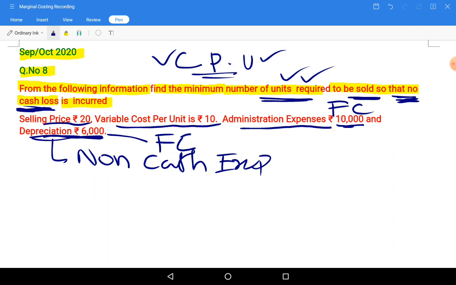I'll do it for finding contribution per unit.